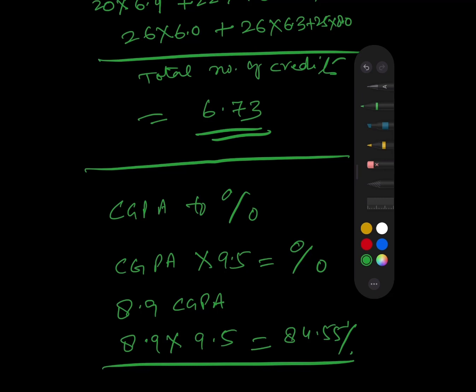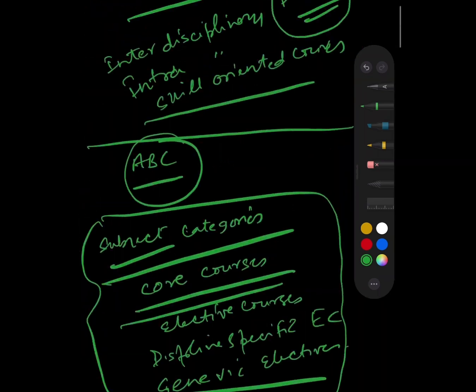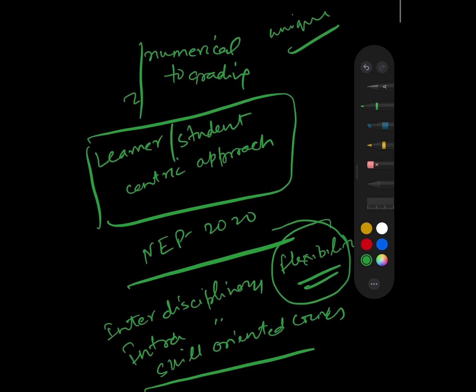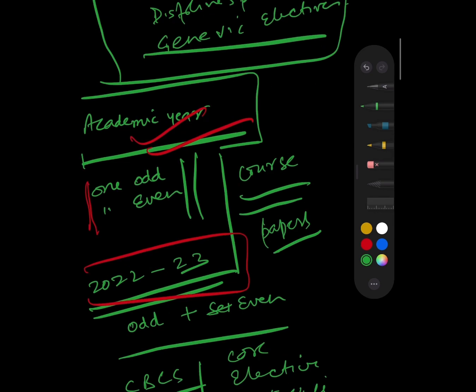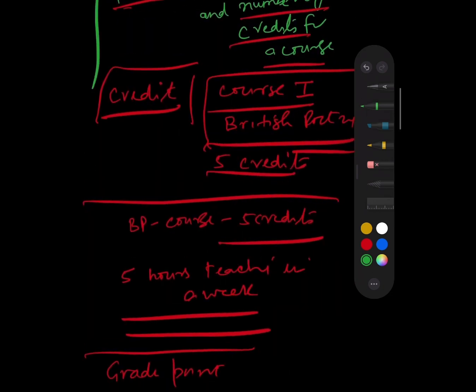So these are some points which I wanted to tell you regarding the CBCS system. You just watch the video from the beginning and then you will be able to understand its terminology. The CBCS system has given a lot of mobility and flexibility, and it has changed the numerical system and created the grading system.